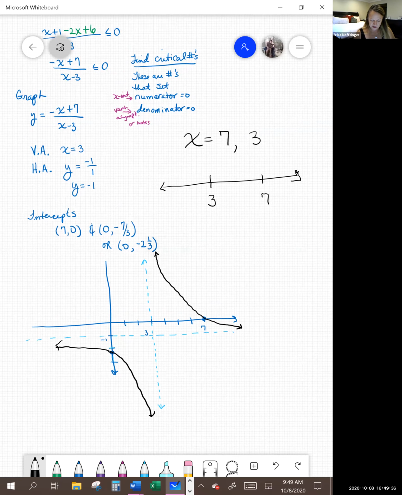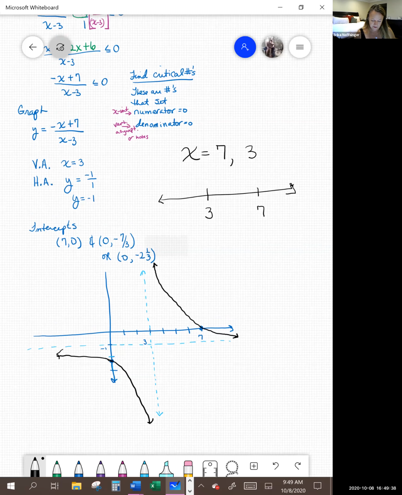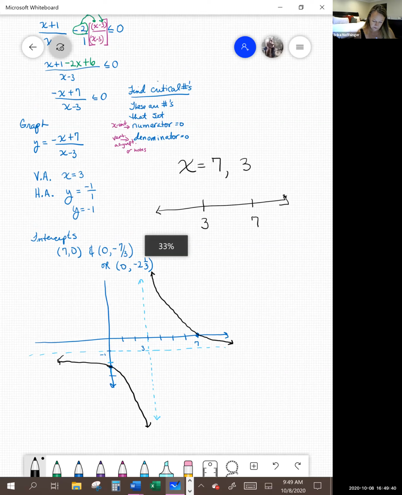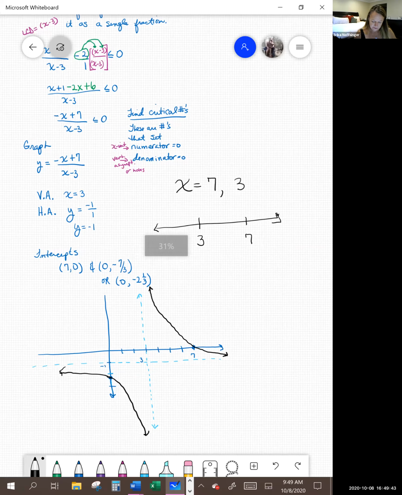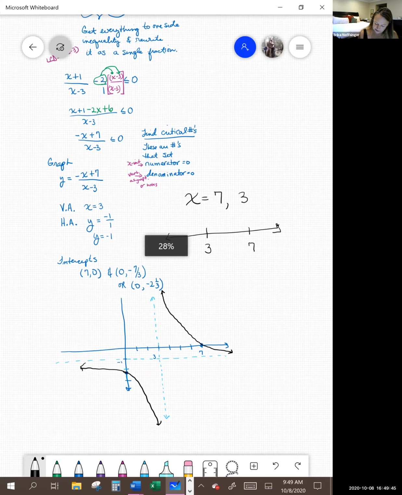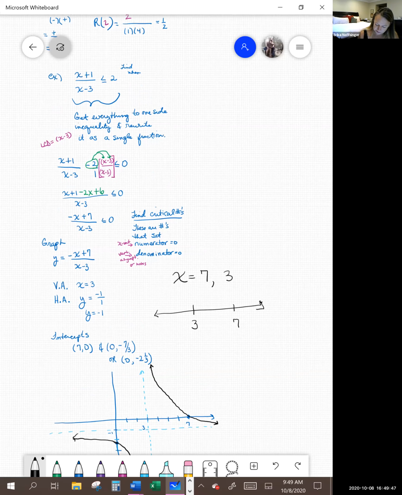So our original inequality was x plus 1 all over x minus 3. Is this less than or equal to 2?